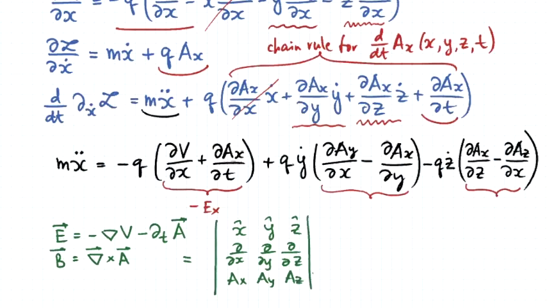And so we can see that the component that will have partial derivative of A sub y with respect to x and partial derivative of A sub x with respect to y with a minus sign will in fact be the B sub z component. And the last parenthesis will be the B sub y component.